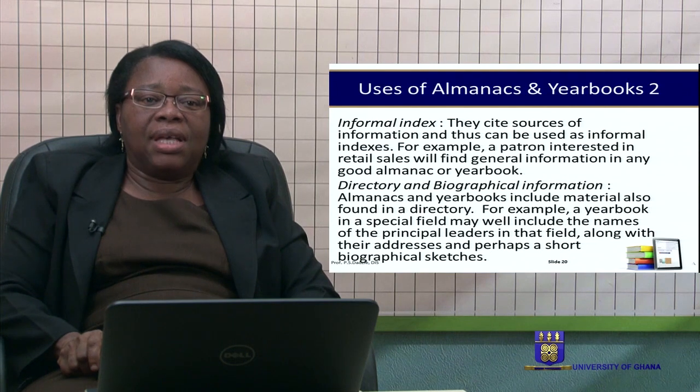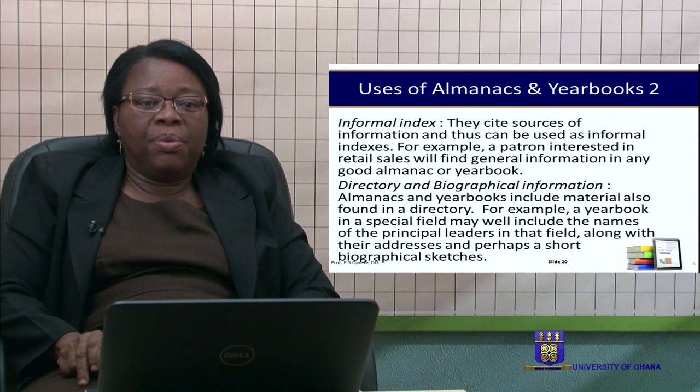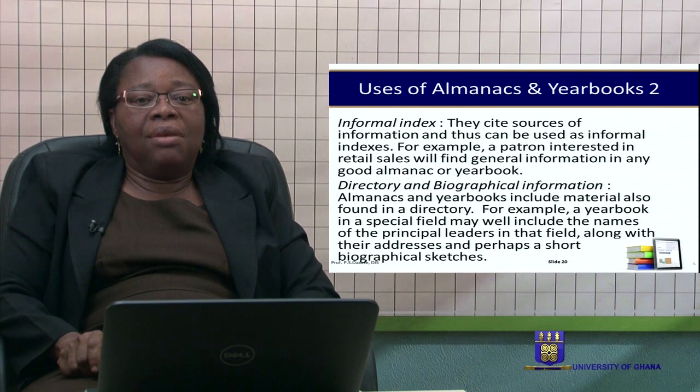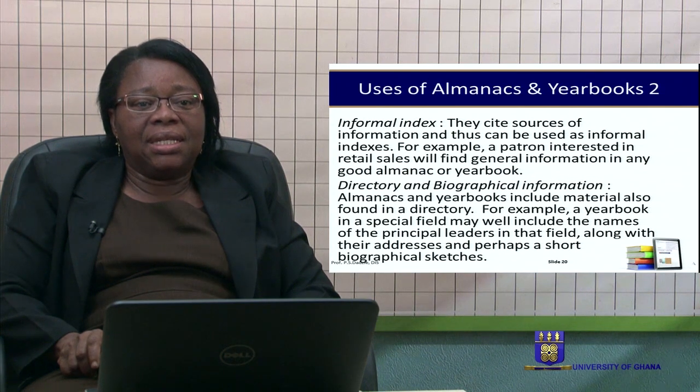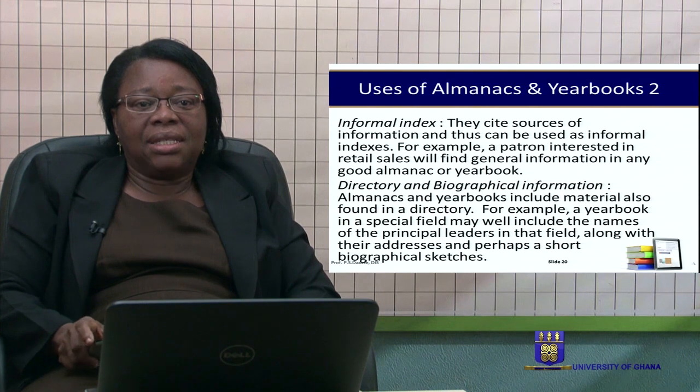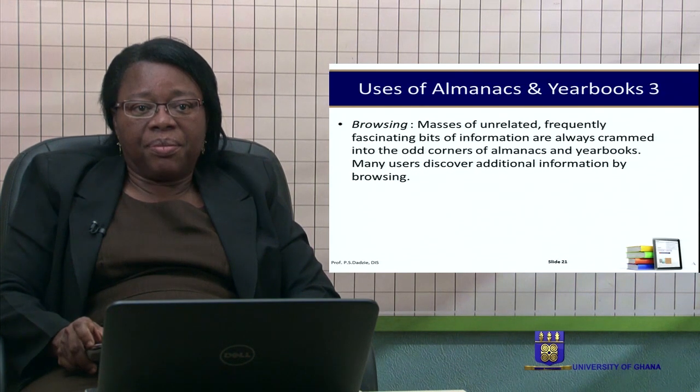They also serve as directory and biographical information, because you can actually find directory information such as names of organizations, names of people, or you can even find brief information about people, when they were born and when they died. So these are the uses of almanacs and yearbooks.